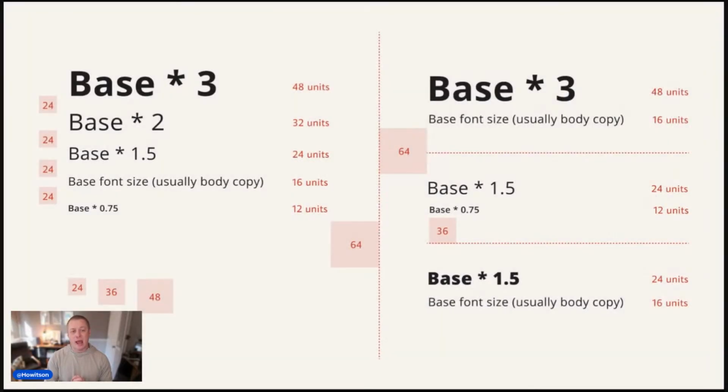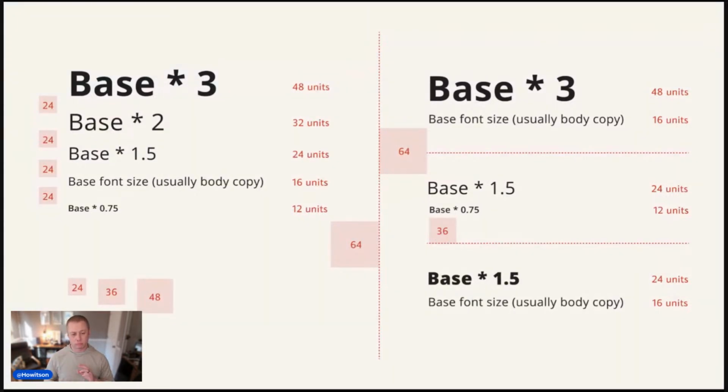From a very tactical standpoint, this is a great way to create consistency. I almost always recommend that people use base 8 for units. So in this case, we've got, say, 12, 16, 24. Those are all multiples of 8.